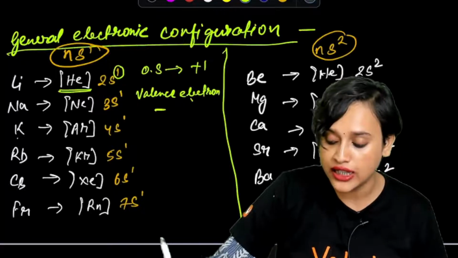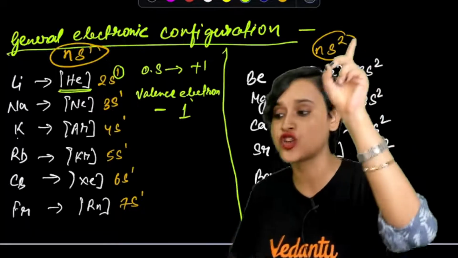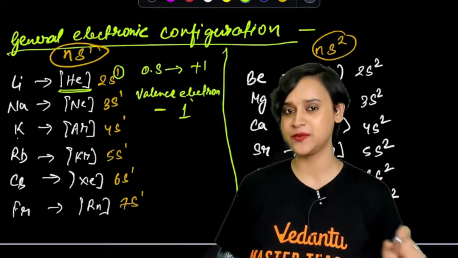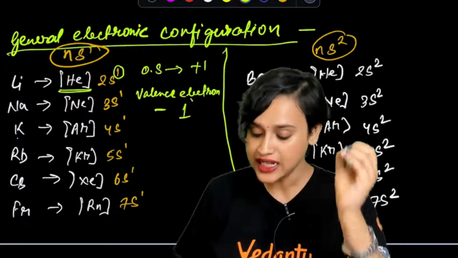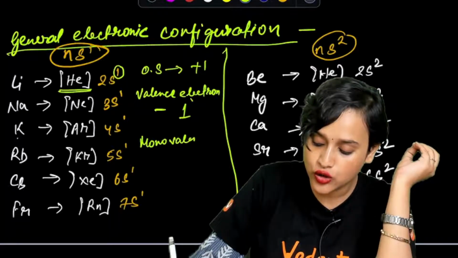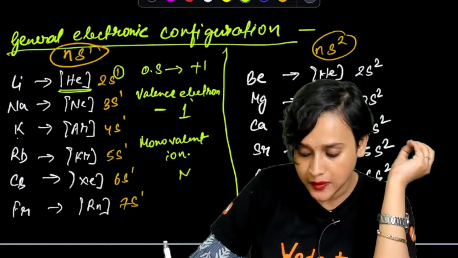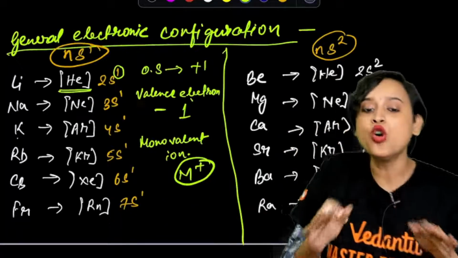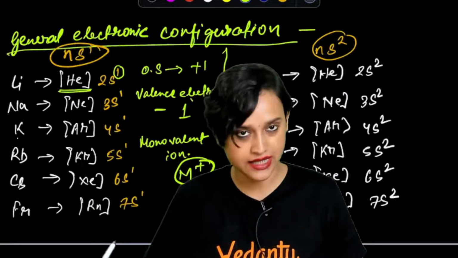You can clearly see that the valence electron is 1, that is, one electron is present in the outermost shell of the elements. And they form monovalent ions, because M+ is their most stable state.